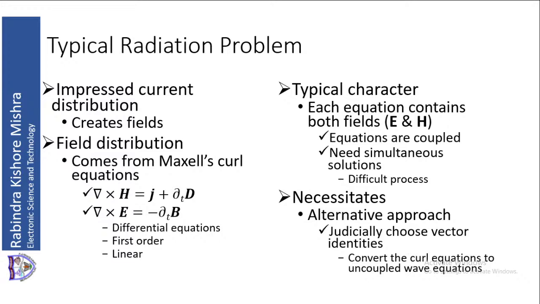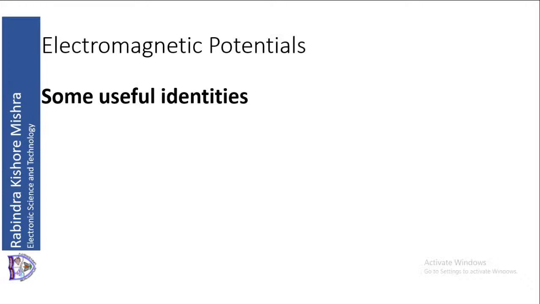The alternative approach is that we have to choose vector identities judiciously, so that we can convert these coupled equations to uncoupled wave equations. So the coupled equations will be uncoupled as wave equations by appropriately choosing vector identities. Let us look at how to choose these vector identities. This we have already discussed, but let me go into it once more.